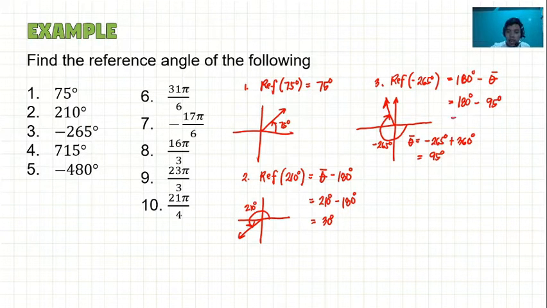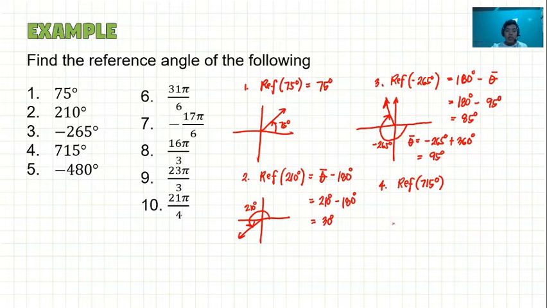And this is equal to 85 degrees. So the reference angle of angle negative 265 degrees is 85 degrees. Okay? Now let's solve number 4. Number 4, our angle is 715 degrees. So we need to know the reference angle of 715 degrees.